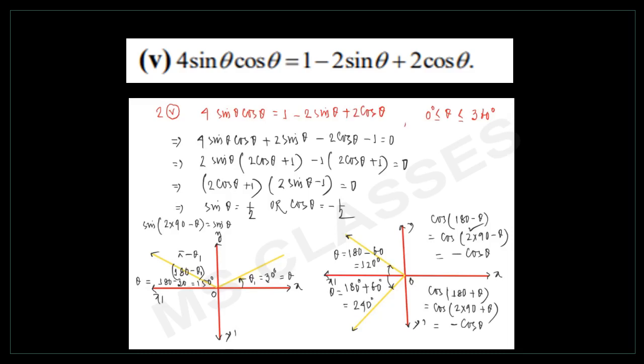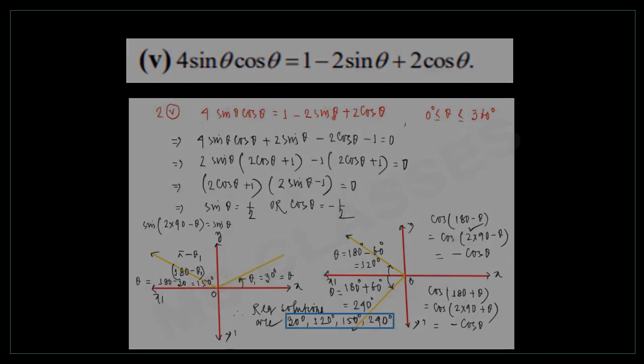So we will get the solutions either in the second quadrant or in the third quadrant, and why we get minus you can understand from here. So the required solutions are 30 degree, 120 degree, 150 degree, and 240 degree. These are the required values of theta so that this equation is true.